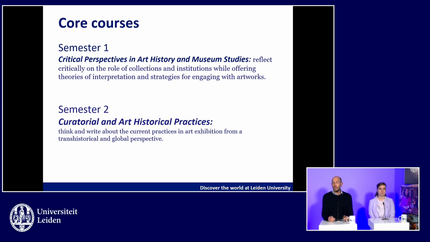For example, yesterday I was teaching about the post-human and how far theories like Donna Haraway can help us understand not only contemporary art, but also plunge into the past and look at art from, for example, Renaissance Italy. Post-human is such an angle we want to use for art history, but also for museum studies, exhibitions, for example.